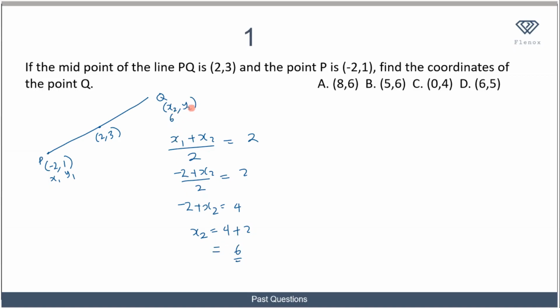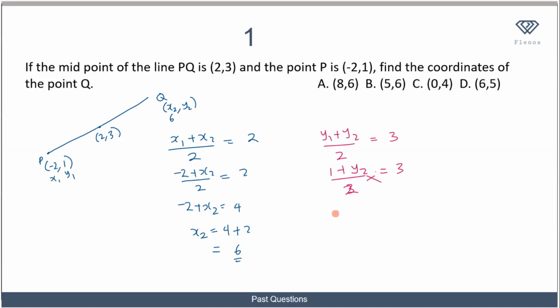I can apply the same idea to y2, because I know that y1 plus y2 over 2 will give me the y coordinate at the midpoint. The y coordinate at the midpoint is 3. I know that my y1 is 1, so I have 1 plus y2, which I don't know yet, over 2 equals 3.